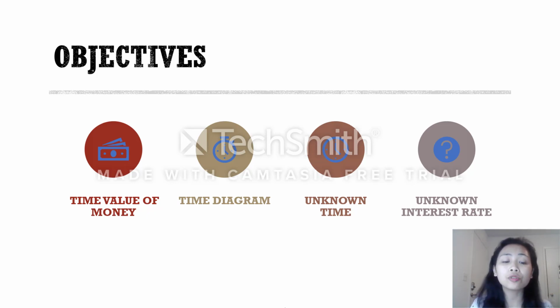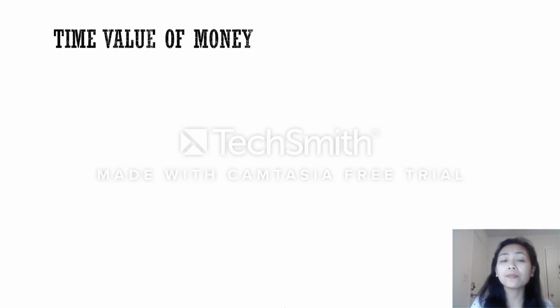Firstly, I'm going to introduce the time value of money. Then I'm going to introduce the time diagram as a tool to solve some problems of interest rate. And lastly, I'm going to go over two types of problems that we are going to see very often in the actual exam.